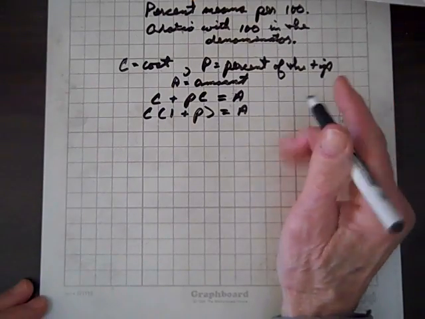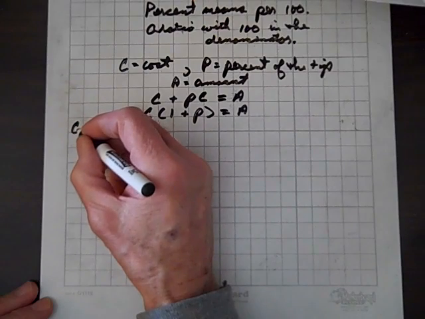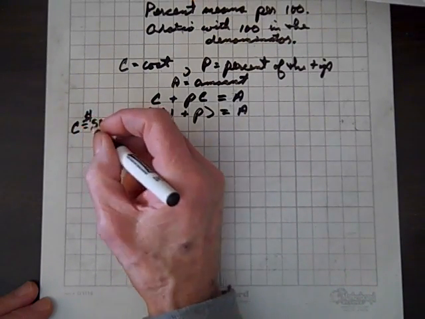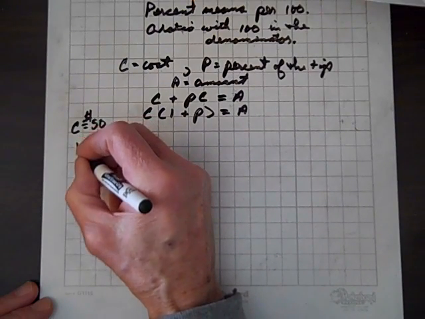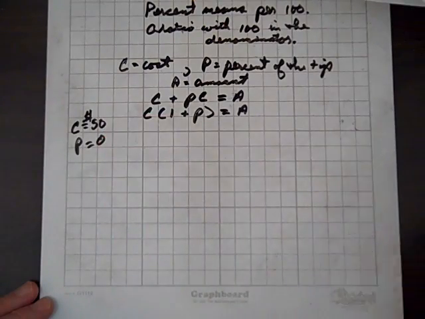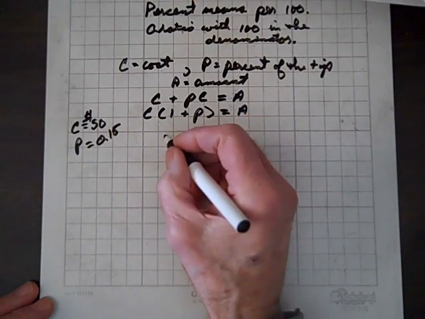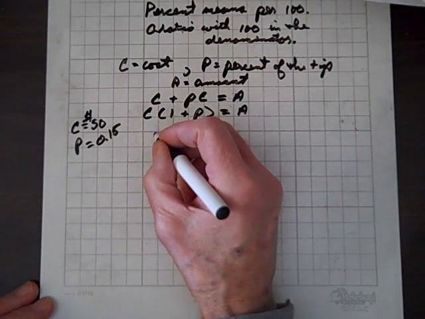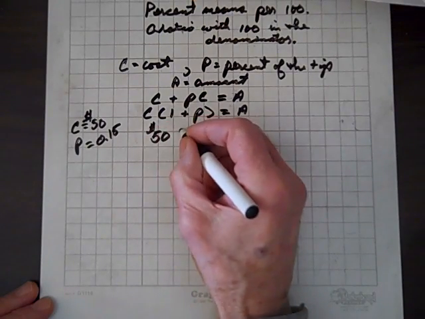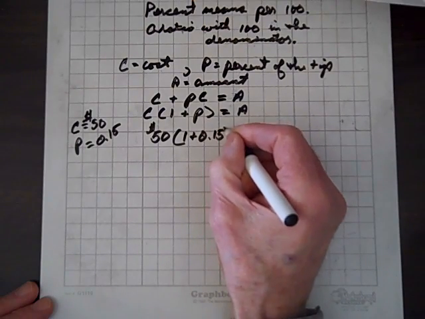Now, let's make up an example. What if the cost equals $50 and the percent tip is going to be 15%, or 0.15. So we're going to have $50 times 1 plus 0.15.